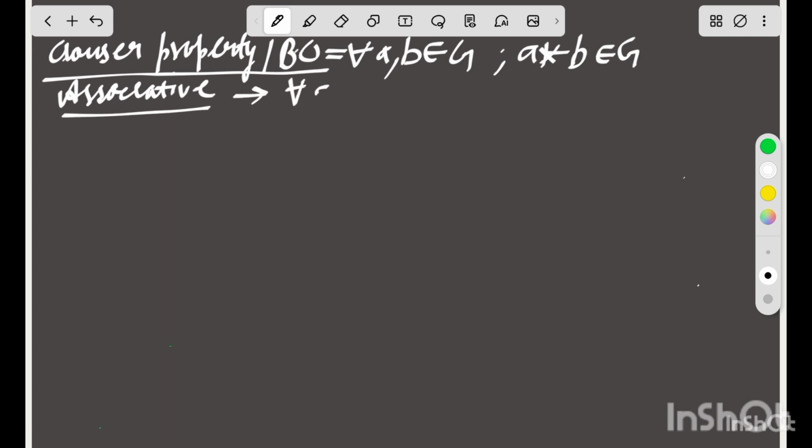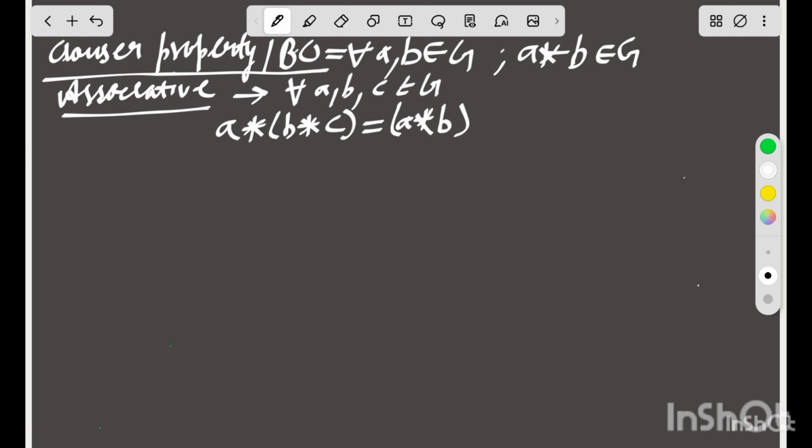Let us consider any three element from the set G. If we operate B and the C first and then A, or we operate A and the B first and then operate the C, both should be equal.